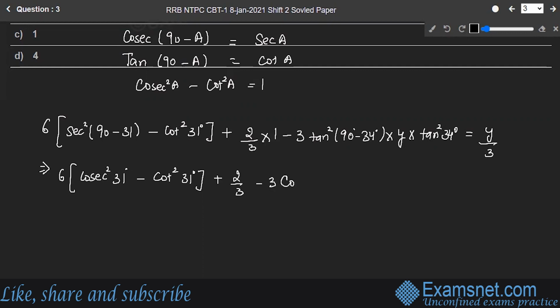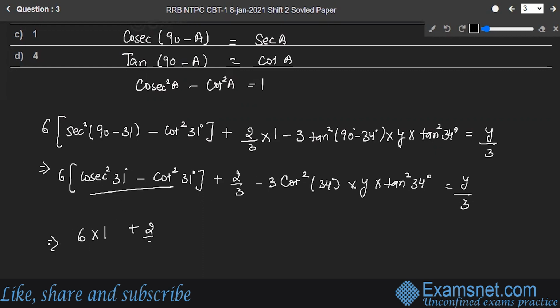Tan will be changed into cot square 34 multiply y multiply tan square 34 degree is equal to y upon 3. So this will be equal to 6 multiply 1, because this is equal to 1, plus 2 by 3 minus 3 into cot and tan will get cancelled, minus 3y is equal to y upon 3.